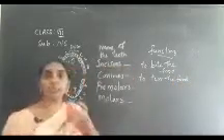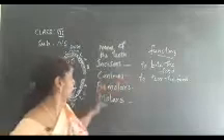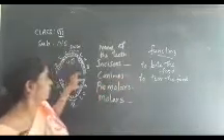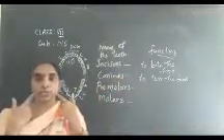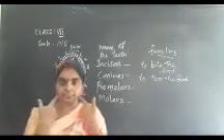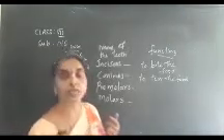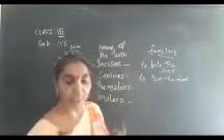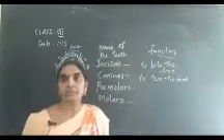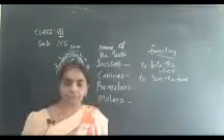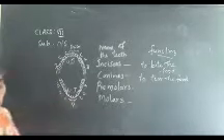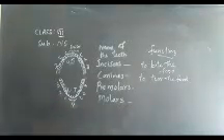Next, coming to the premolars and molars. These teeth are present at the back, completely at the edge. They are useful for tearing and crushing the food. They contain a flat edge, a flat biting surface.